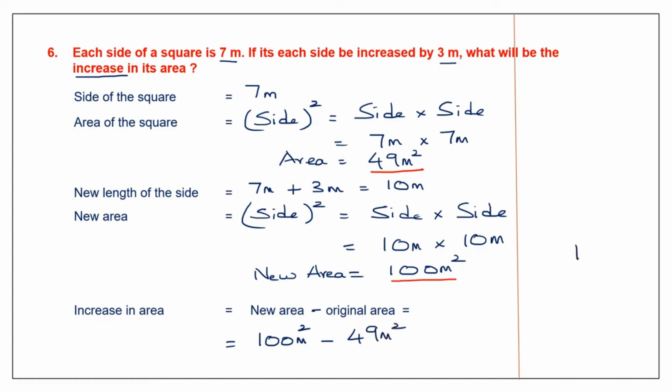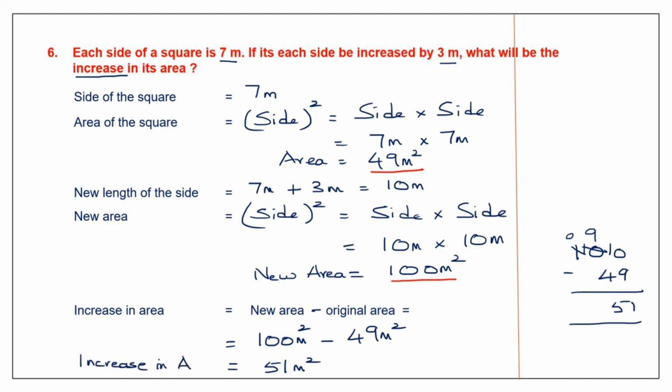So let's subtract 100 and 49. So let's borrow. This is 10, 9, 10. 10 minus 9 is 1. 9 minus 4 is 5. So we've got 51. So the increase in area is 51 meter square. So this is what we have found, the increase in area. So this is our final answer. The increase in area is 51 meter square.